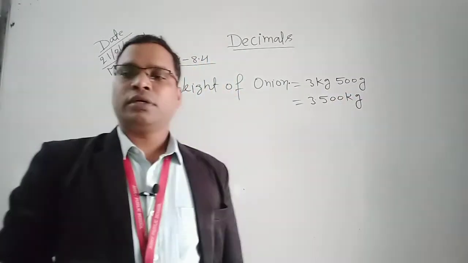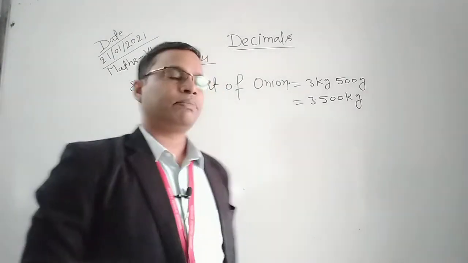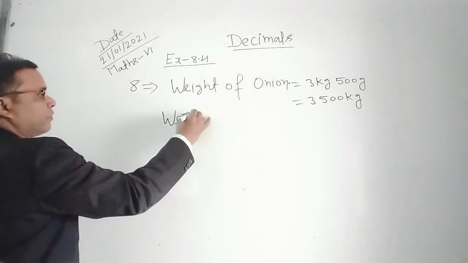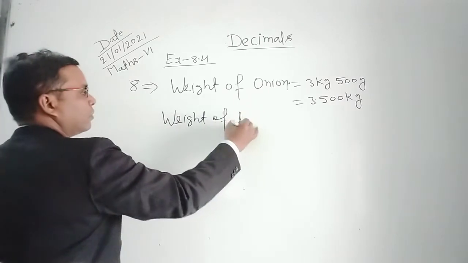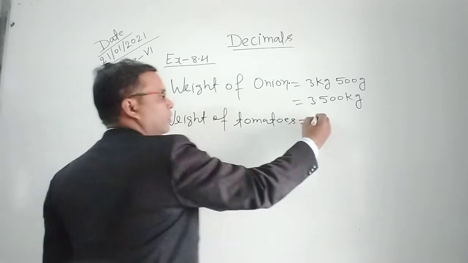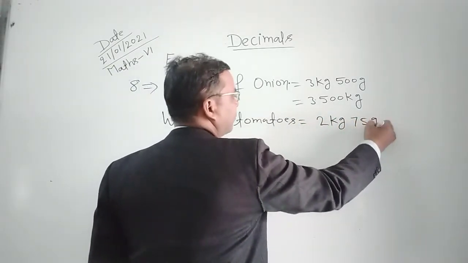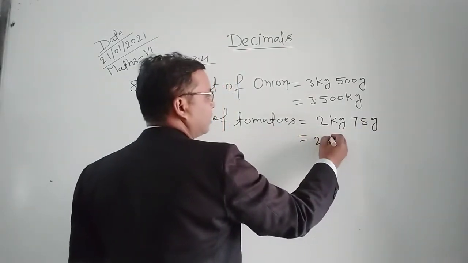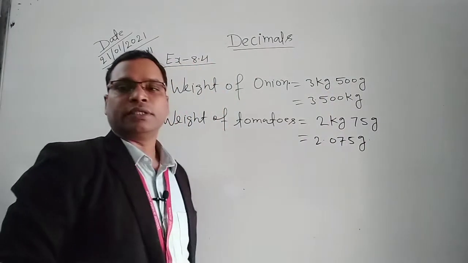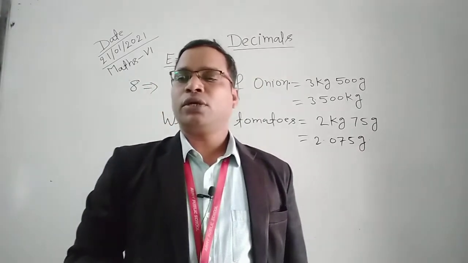Now the weight of tomatoes is also given, 2 kg 75 gram. So this is equal to 2.075 kg. This is clear. After this we find the total weight of onion and tomatoes.